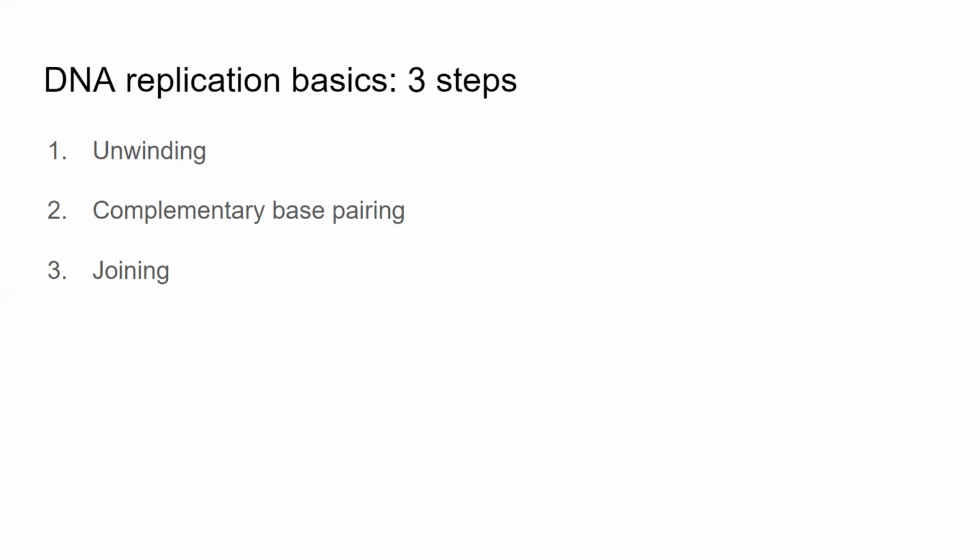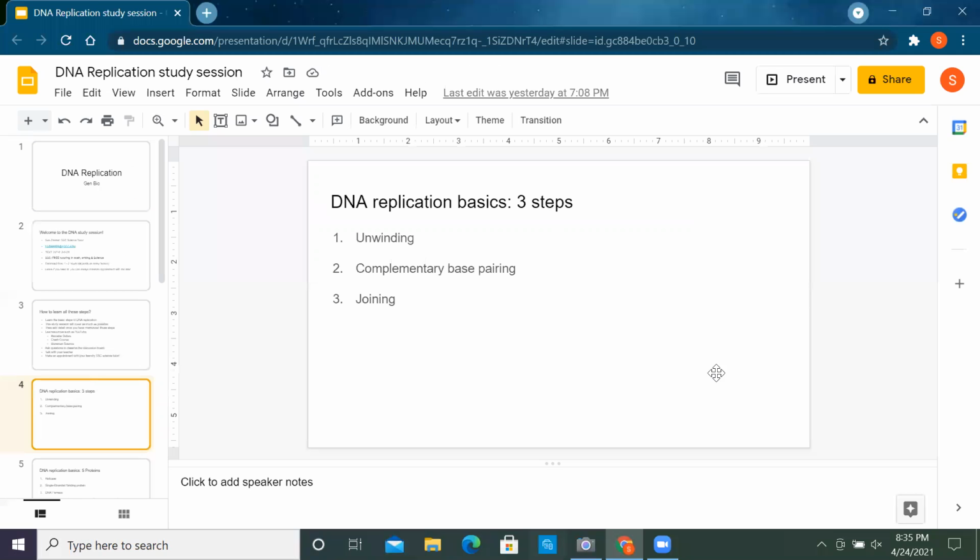The first thing I really want you to know about replication too is that replication is called semi-conservative. That's going to mean that we're going to save one of the old strands of DNA and use it as a template to build a new strand. Let me show that to you.